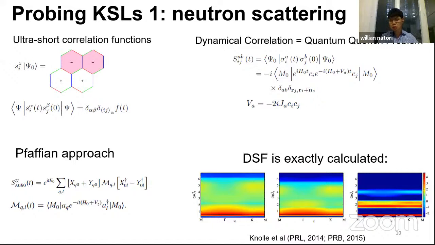And if you just calculate the Pfaffian of this system, you will find this correlation in real time. Then you do the Fourier transforms and find the dynamical structure factor, which is the quantity that you will normally observe in neutron scattering. You can have more details of this in these classic papers from Johannes Knolle.